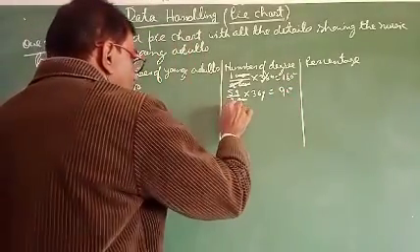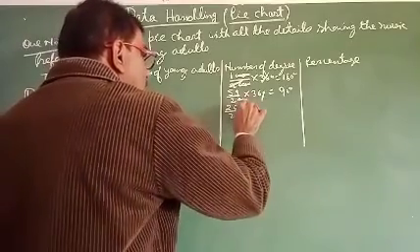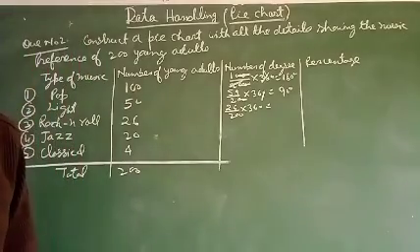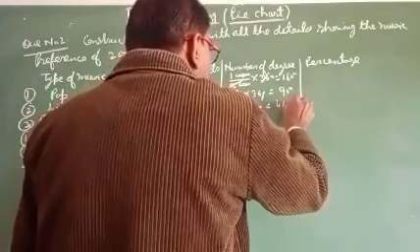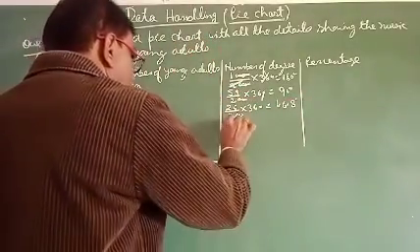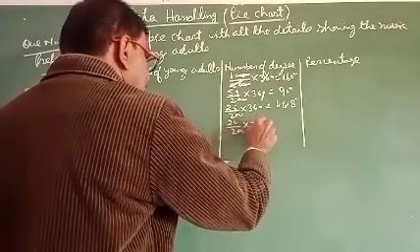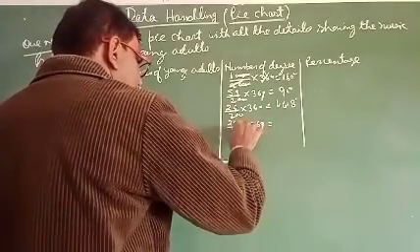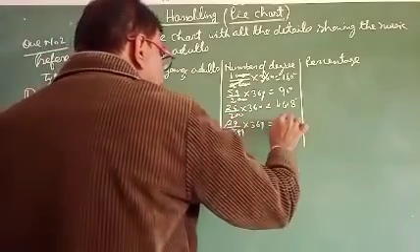Now 26 divided by 200 multiplied by 360, then it will be 46.8 degrees. Now 20 upon 200 multiplied by 360 degrees, then it will be 36 degrees.